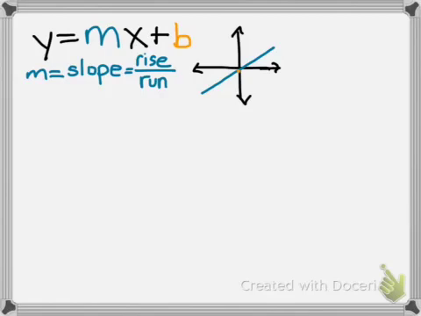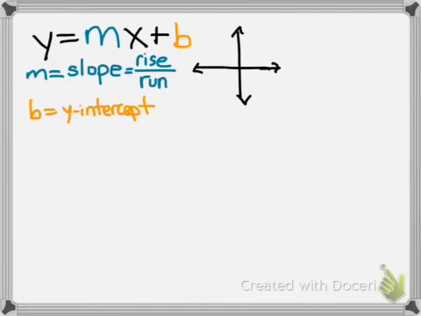So let me just delete these. So y equals, b equals the y-intercept. So b is wherever it crosses this line.